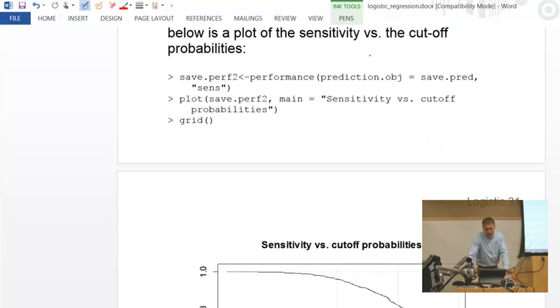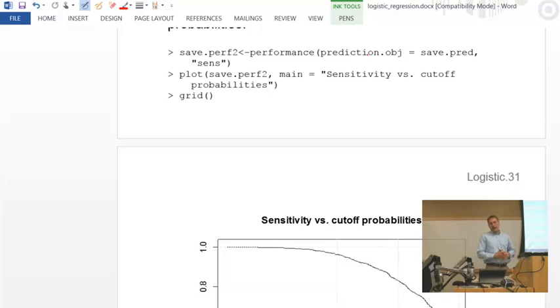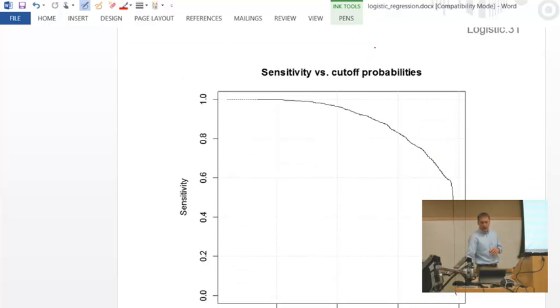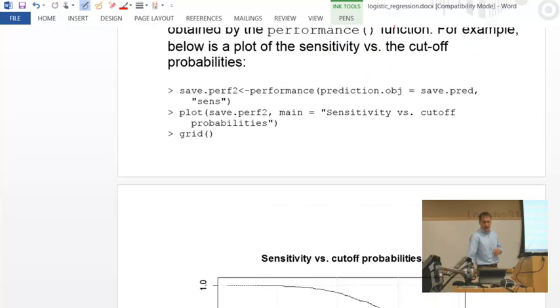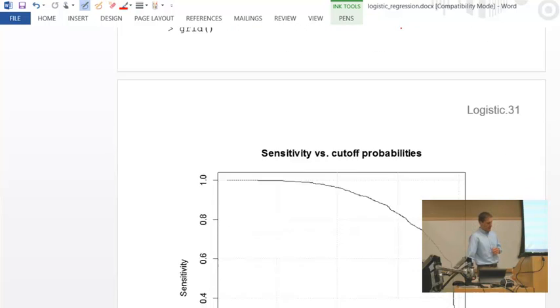And lastly, you can use the functions from the ROCR package to do other kinds of plots too. In particular, what I have here is a plot of the sensitivity versus the cutoff probabilities. You can see as my cutoff probability increases, my sensitivity goes down. You should think about intuitively why that should happen. Please take a look at the corresponding code too on your own.